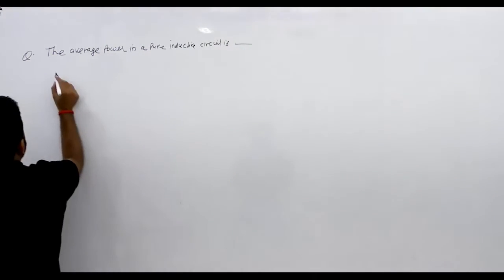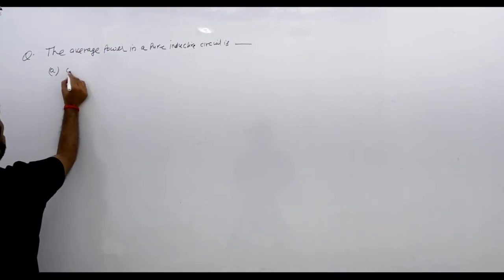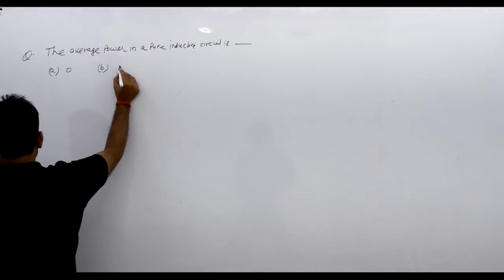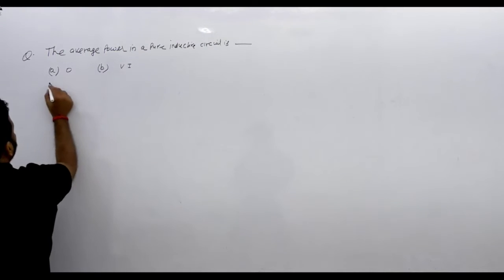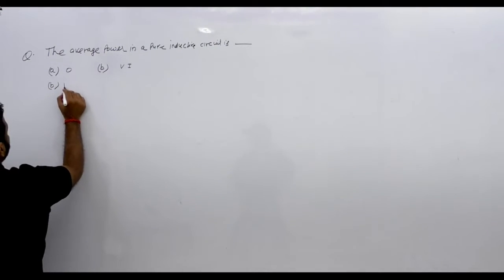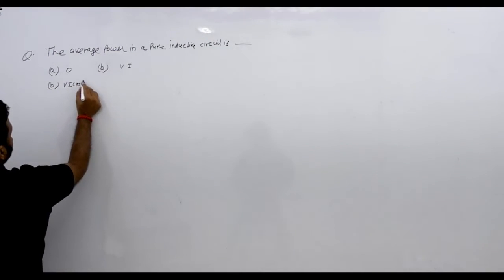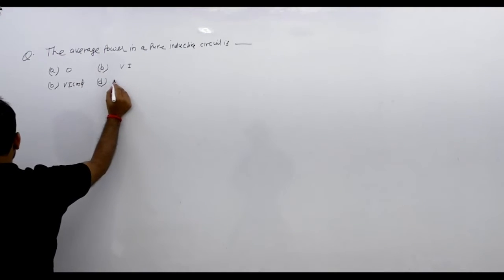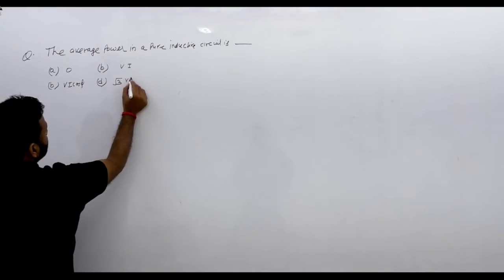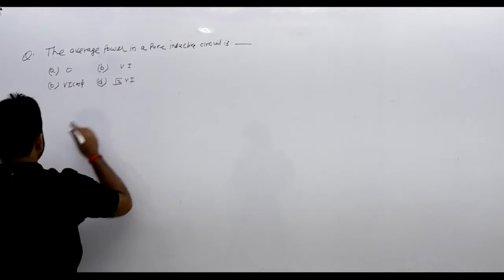Okay, the first option is 0, नेक्स्ट ऑप्शन जो है वो है VI, और अगला ऑप्शन है VI cos phi, और लास्ट ऑप्शन जो है वो क्या है √3 VI cos phi also.